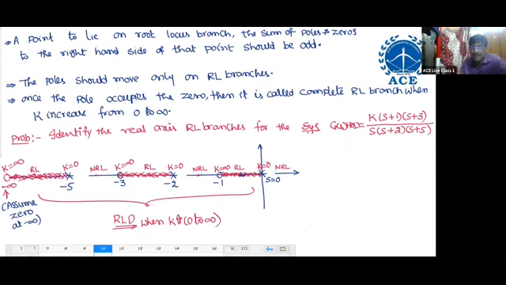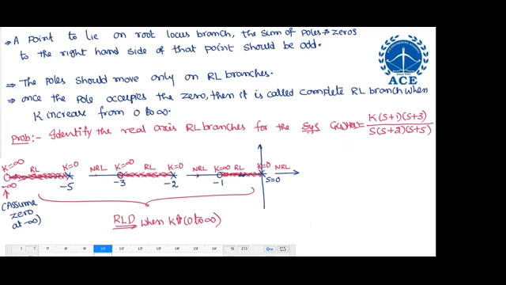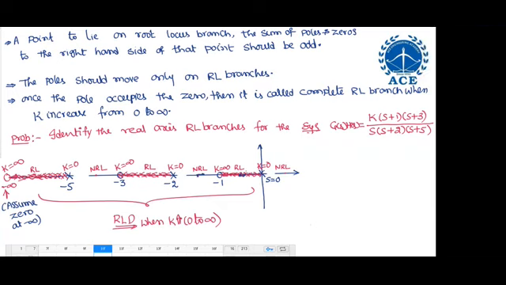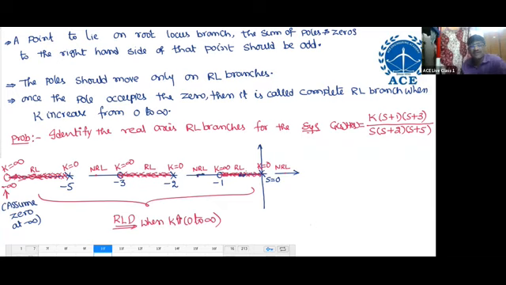If you take a point here, count right, how many poles and zeros? 2, sir. But odd or even? Even, sir. Even means root locus or no root locus? Okay, sir.